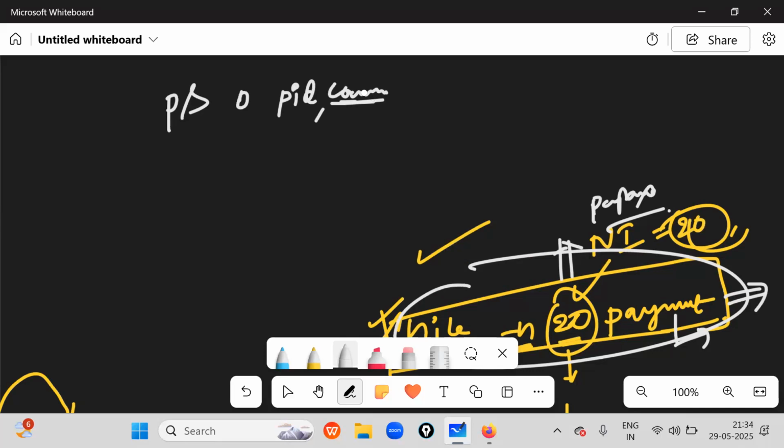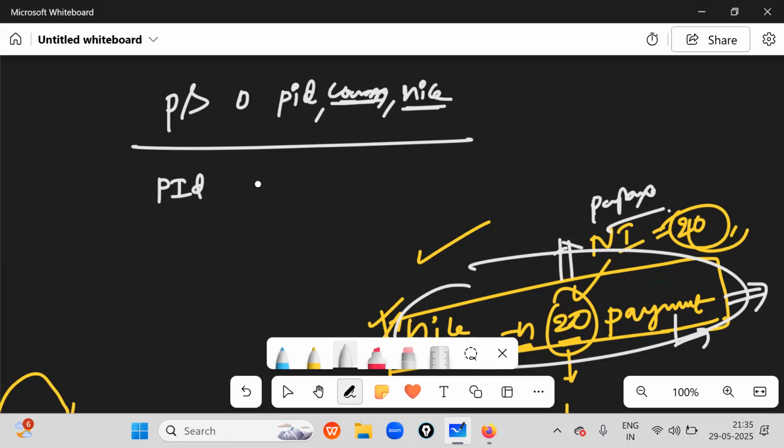Afterwards I need to display the nice value, NICE, short form NI. So the PID is 3456, the command is the payment program, and the nice value is 20.